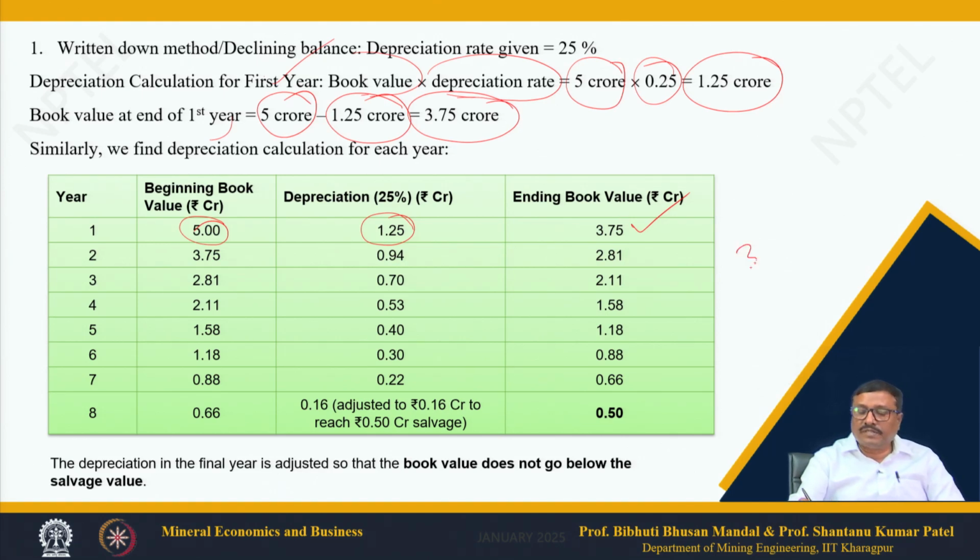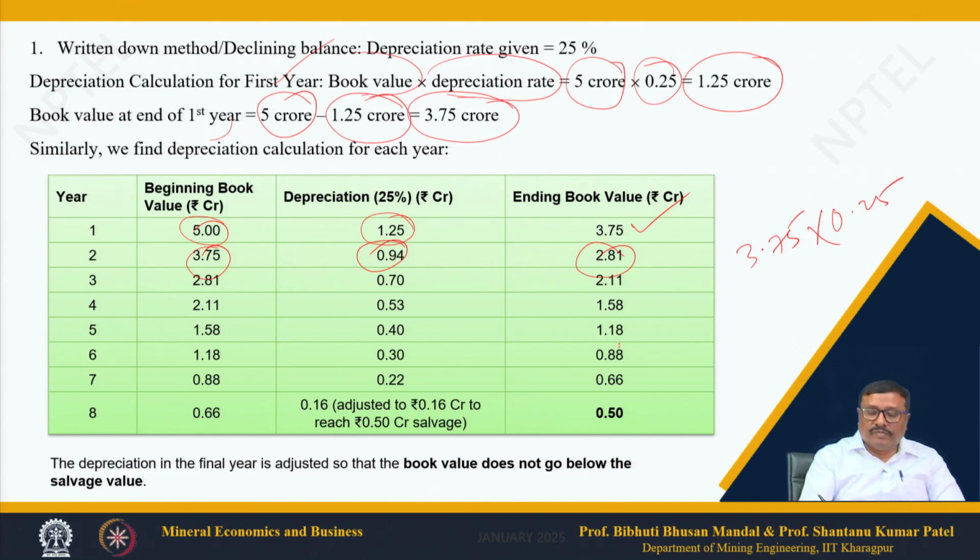That means 3.75 is the book value in the beginning, which will be multiplied by 0.25 to get the depreciation. So, you get the depreciation by multiplying 0.25 or 25% with the book value for that year. Now if we deduct again, 3.75 minus 0.94, we get the book value at the end of the second year. Go on repeating this for 7 years.